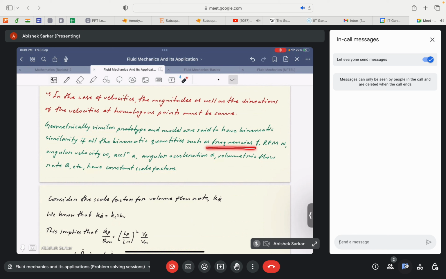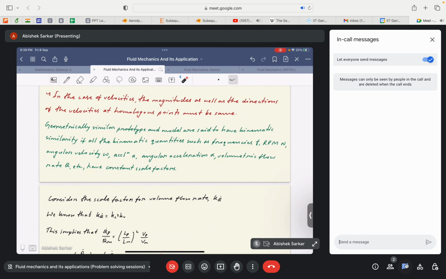These kinematic parameters, that is frequencies, RPM, angular velocities, should scale. The ratio of the frequencies, RPM, angular velocities, angular acceleration, and volumetric flow rate between the prototype and the model should have a constant value of the scaling factor, and it is important that this scaling factor should remain same for all these cases.